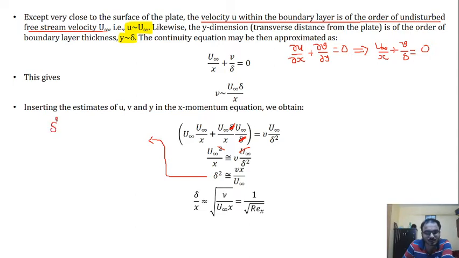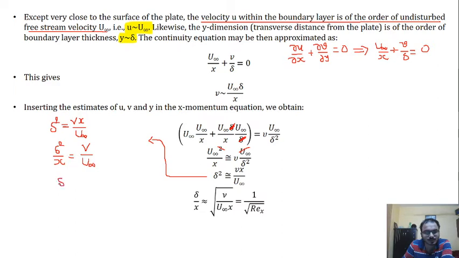It was delta square is equal to, I am writing is equal to right now for convenience, nu into x over u infinity. So it is delta square upon x is equal to nu upon u infinity.